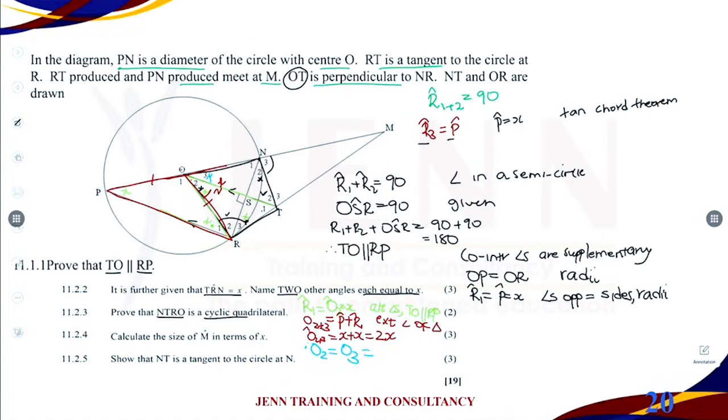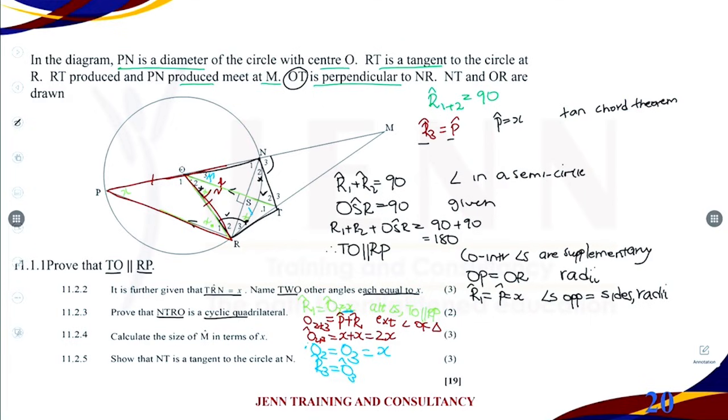They are both equal to x. Because remember, we have also indicated that O2 was x. Now that we know that angle O2 is x and also angle O3 is x, remember we are still proving that NTRO is cyclic. For us to prove it is cyclic, we were supposed to prove that this angle is equal to that angle. So angle R3 is equal to angle O3.